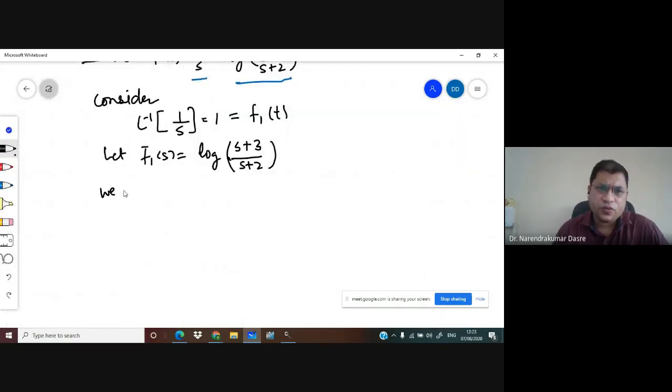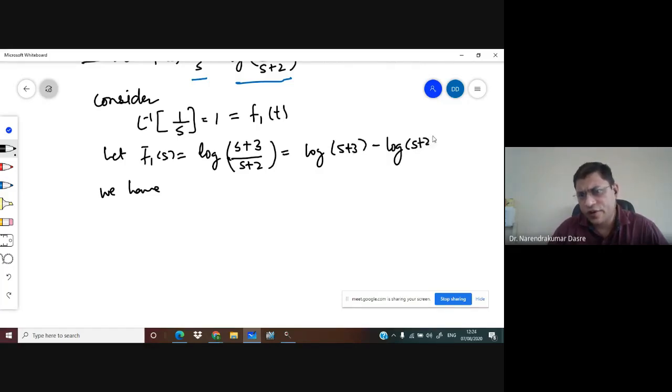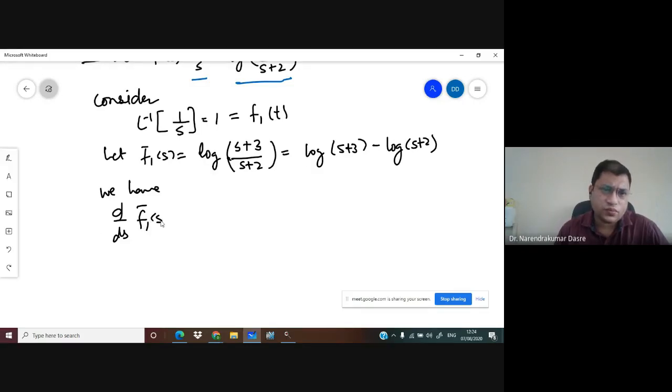I'll simplify this as log of (s plus 3) minus log of (s plus 2). We consider this as f2 bar of s.